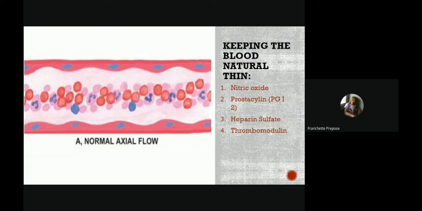Next is the protein thrombomodulin, which binds to another protein, thrombin, factor 2. This thrombin attracts and activates protein C, and protein C degrades factors 5 and 8 to be inhibited.